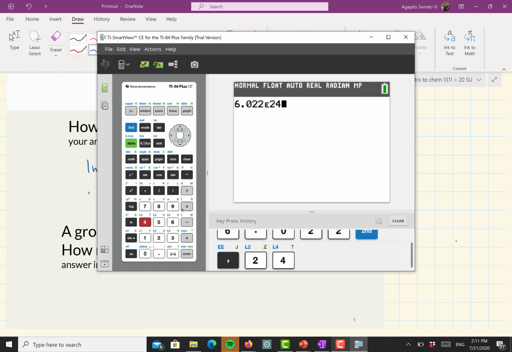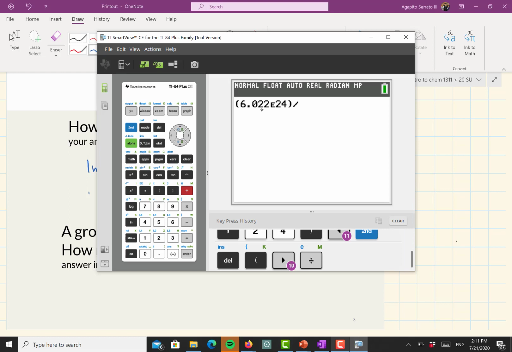And then we're going to make this a little bit easier. It's always good to make sure that you enclose your operations in parentheses. We're going to divide that top number by 12.